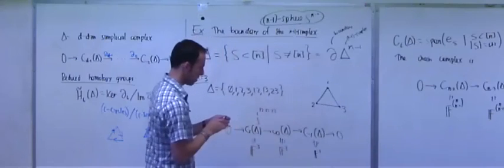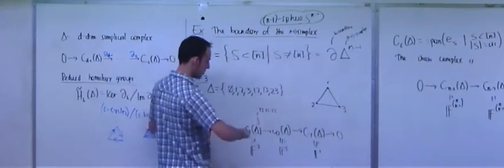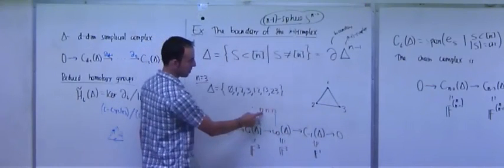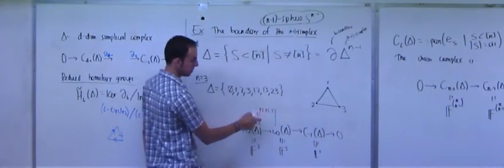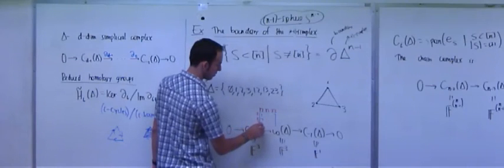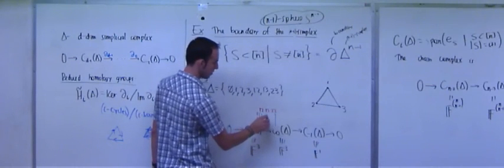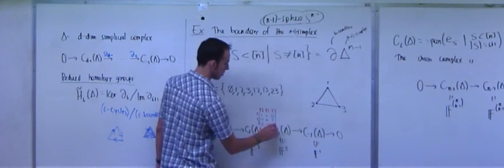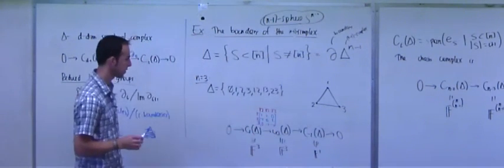So I need to tell you what to do to each one-dimensional face. So for example, the boundary of the one-dimensional face 1, 2 is 1 minus 2. The boundary of 1, 3 is 1 minus 3. And the boundary of 2, 3 is 2 minus 3.